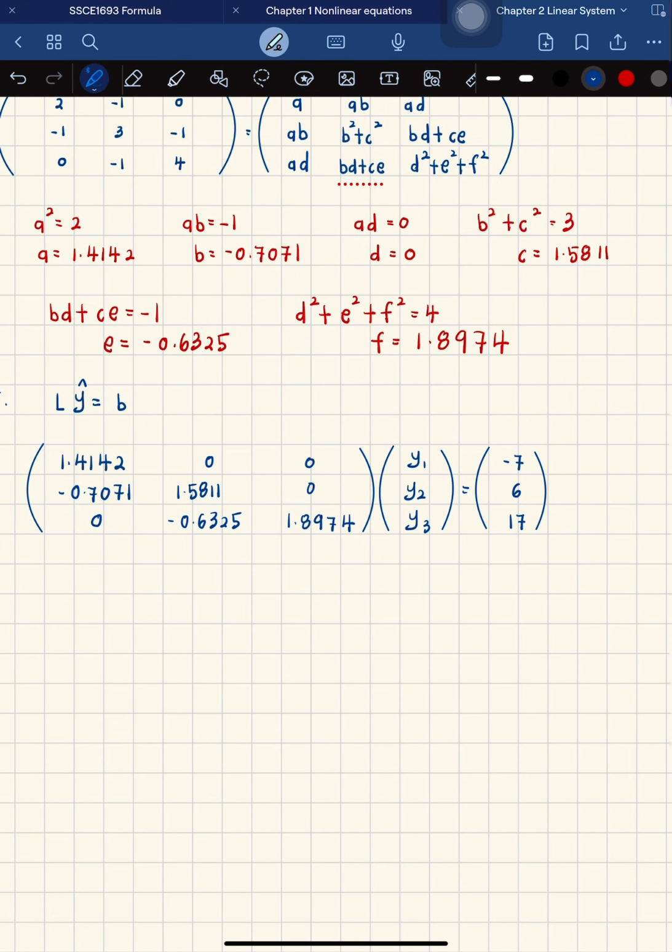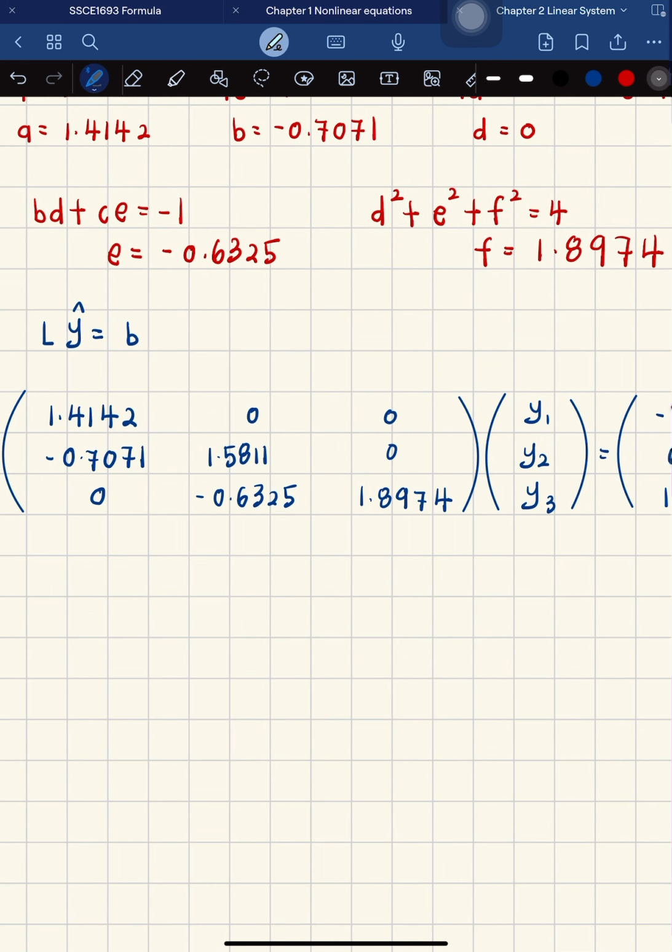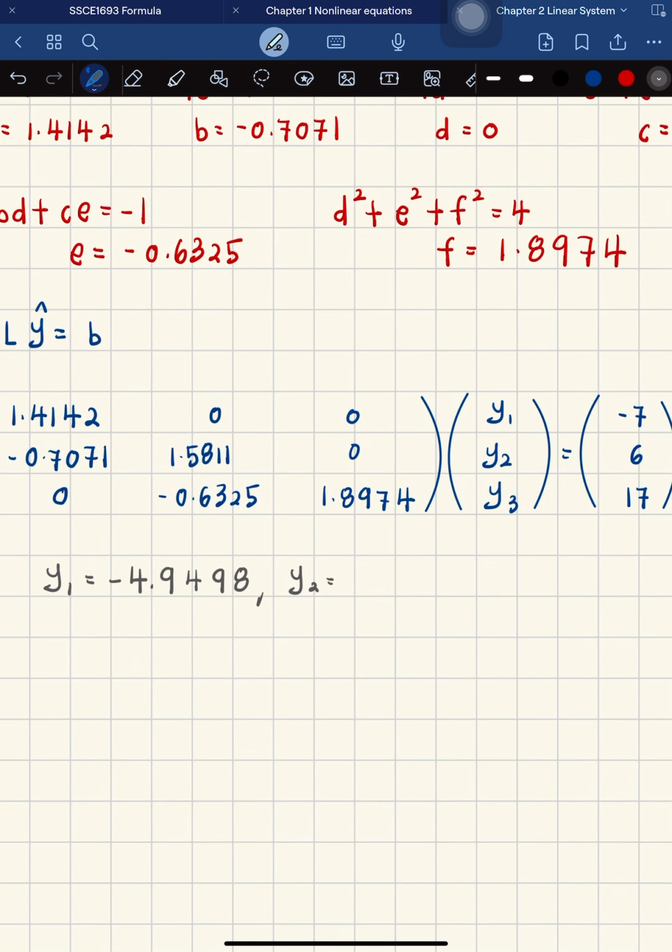Okay, so now you can use your calculator. From the calculator, Y1 is equal to negative 4.9498, Y2 is 1.5812, and Y3 is equal to 9.4867.